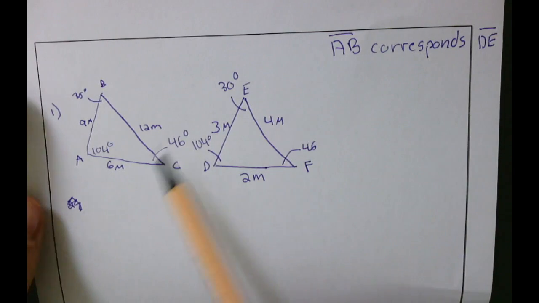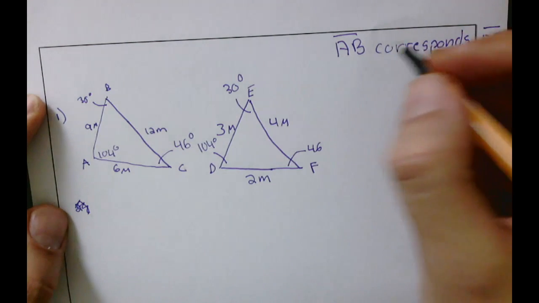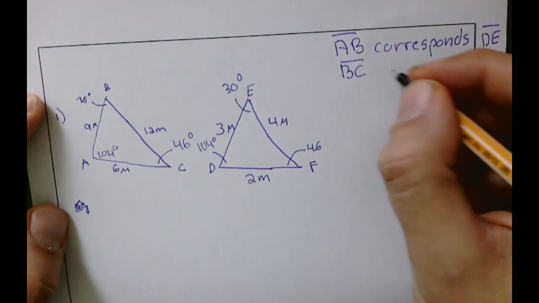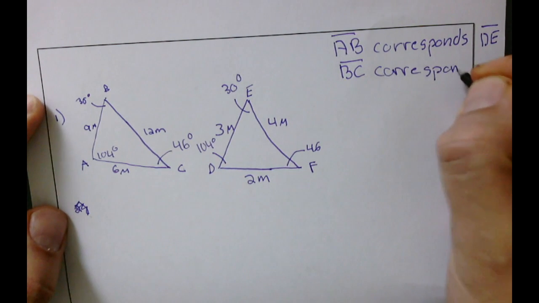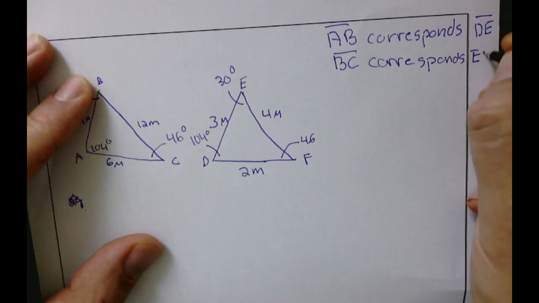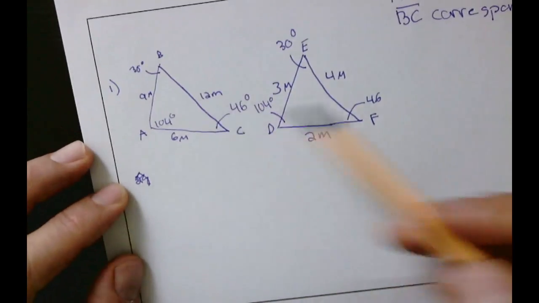Next, we have to identify what other sides correspond. BC corresponds to EF. Again, same position, different line.